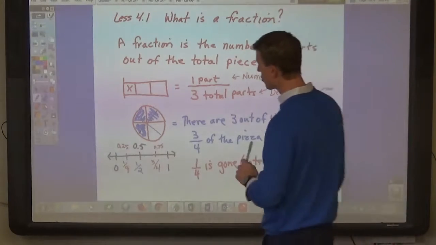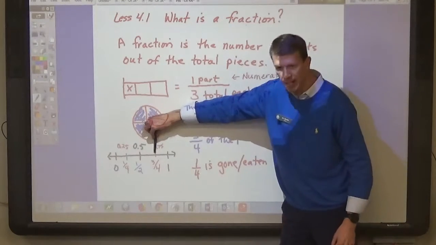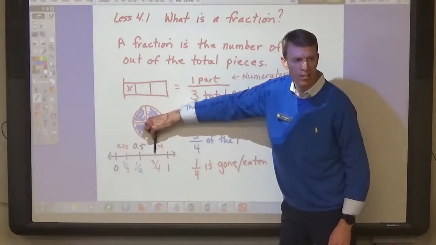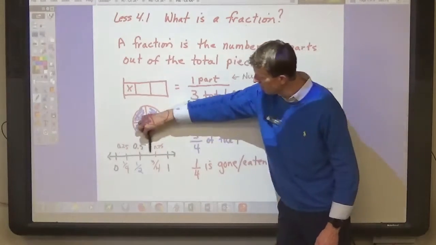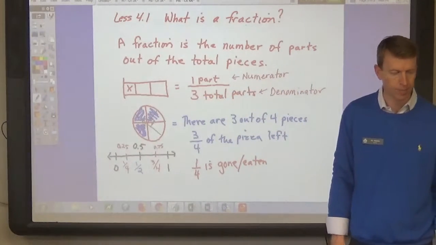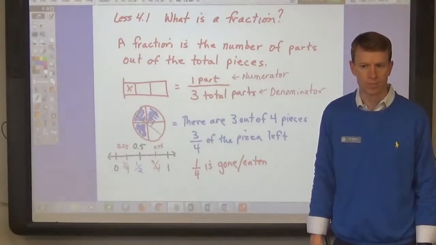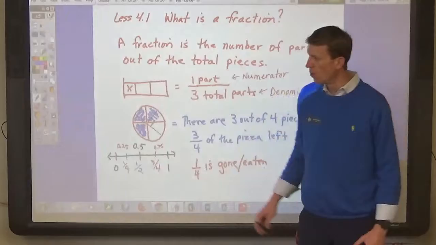Okay? So when you're measuring something, if that measures up to here, then it's 3/4 of an inch, or 3/4 of whatever unit you're measuring with. Okay? So you can look for those marks when you're doing your sheet.